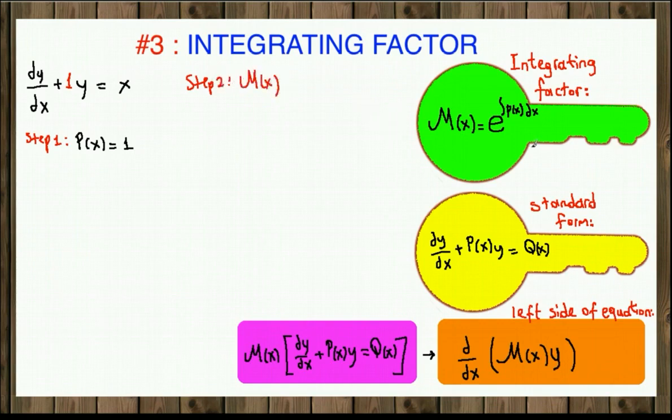Mu of x is the integrating factor, and the formula to find mu of x is e to the integral of p of x dx. And p of x is again the function in front of y. So let's find mu of x as our second step.